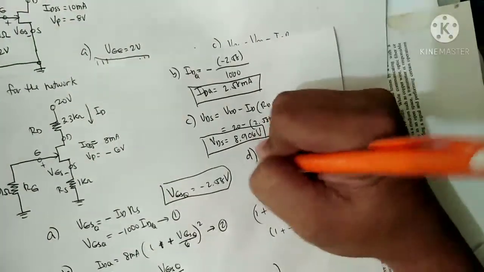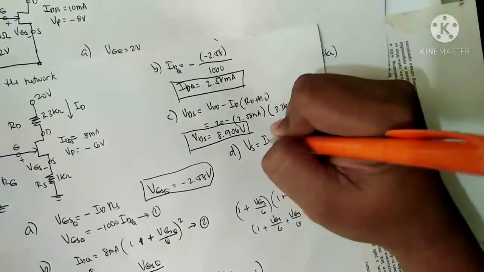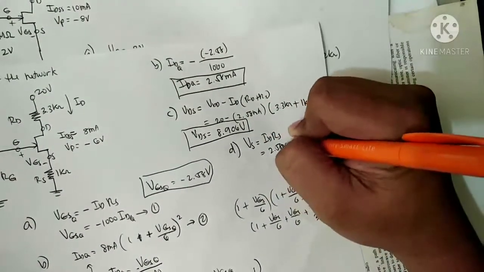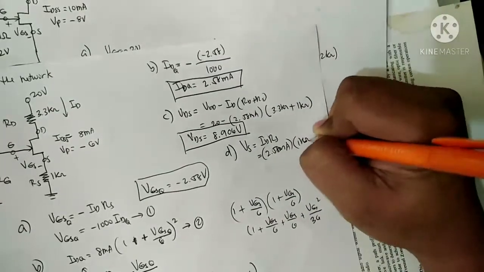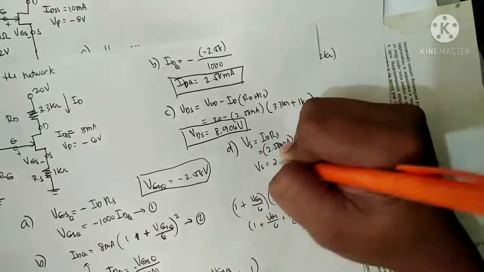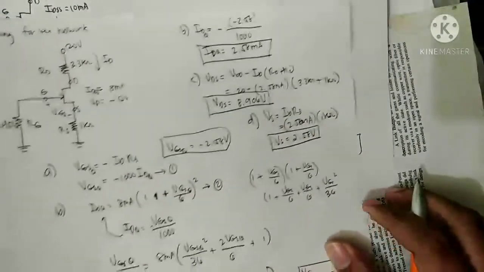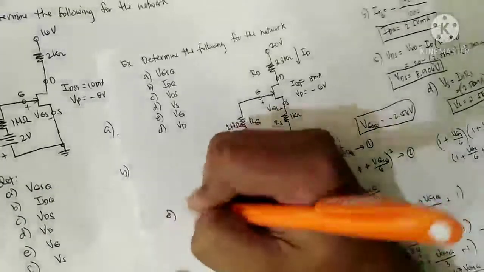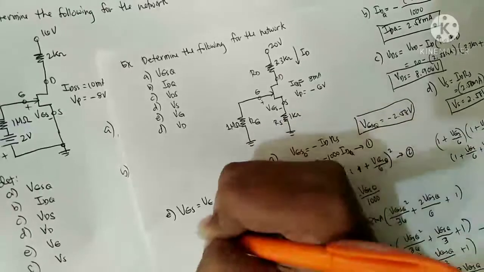How about letter C, VDS? Formula for VDS. VDS is equal to VDD minus ID times RD plus RS.